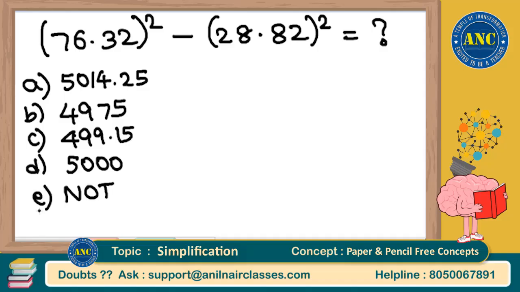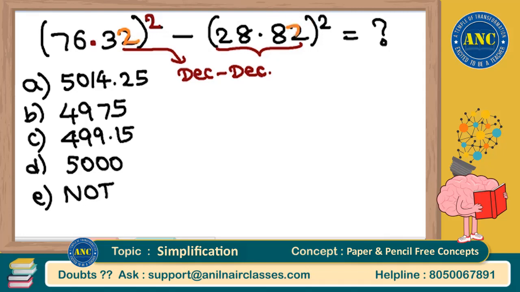Now think a little logically, sir. 76.32, when I square it, definitely it will give me a decimal number, right? Minus this also will definitely be a decimal number. And can I also say that when I square it, it will end with 4.